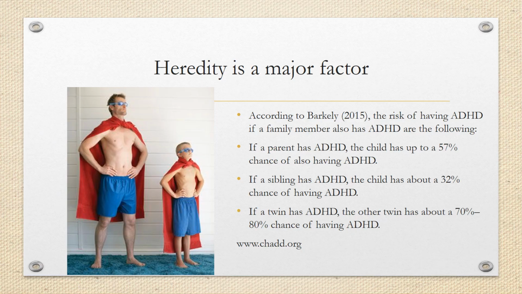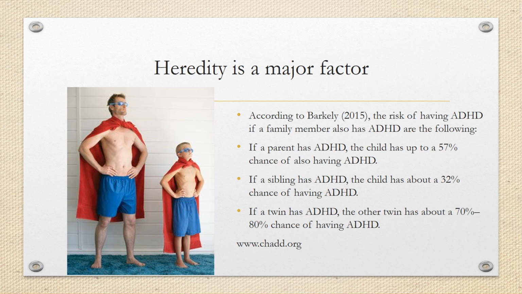Let's take a look at the development of ADHD and the cause for ADHD. Heredity is a major factor because ADHD is basically a neurobiological condition. We find that ADHD runs in families. According to Barkley, if a parent has ADHD, the child has more than a 50% chance of also having ADHD.